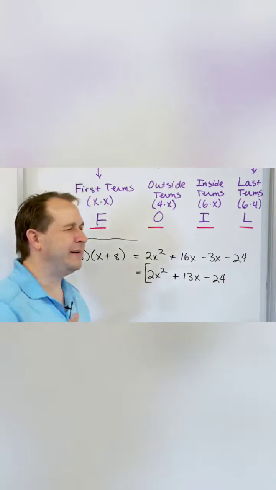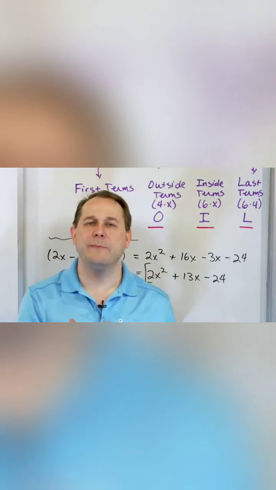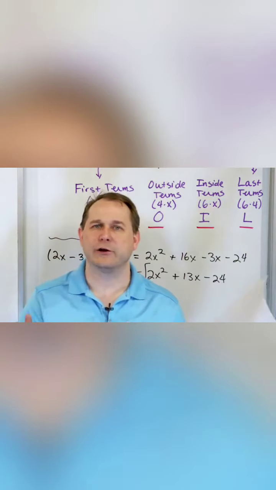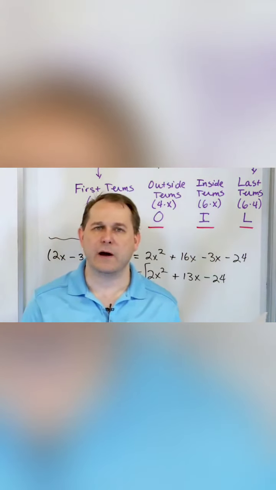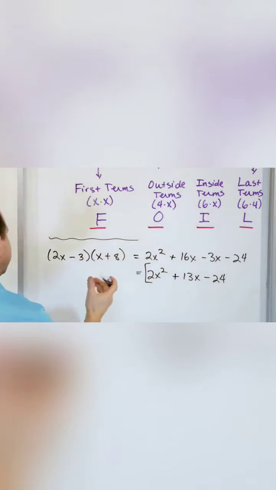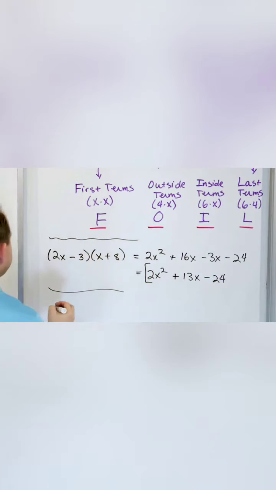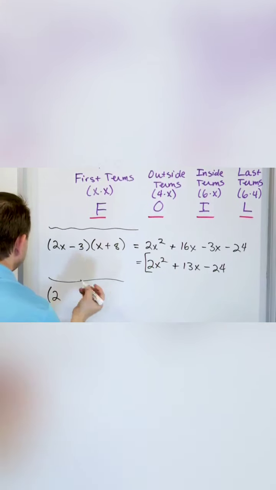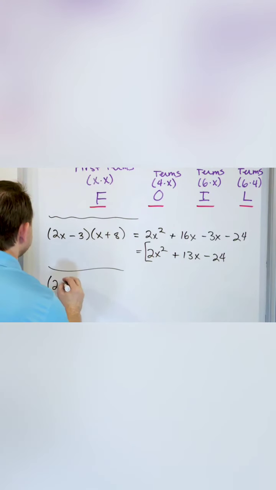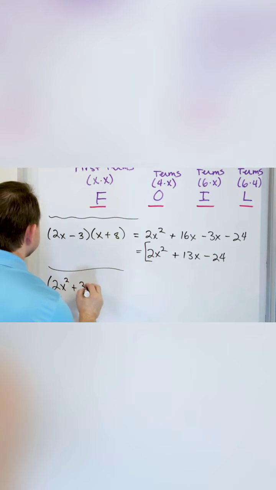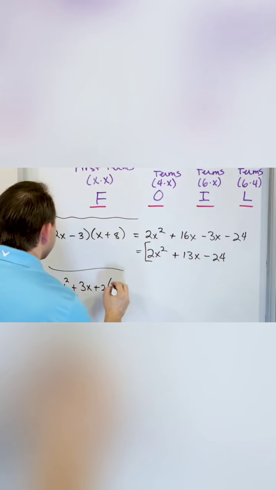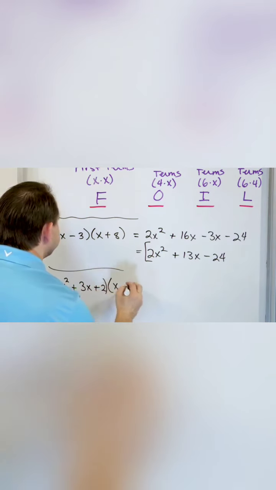So why am I making such a big deal out of it? It's because people memorize this recipe, first, outer, inner, last, but they have no idea why it works. So then, later down the road in algebra, maybe I give you, which we will get to, 2x squared plus 3x plus 2 times x minus 1.